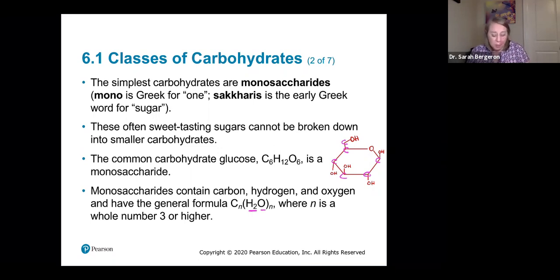And it's not like you have water inside of this molecule. You don't. It's just saying that if you have, let's say, 3 carbons, C3, then how many hydrogens would you have? Well, 3 times 2 is 6. So if you had 3 carbons, you would have 6 hydrogens, and then oxygen would be 3. So you have 3 oxygens, so you would say C3H6O3.